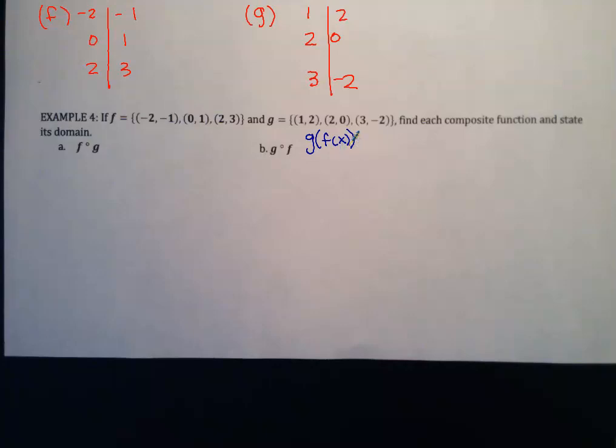Okay, so we're going to do g of f of what value? What's my first x for the f? Okay, so my f, here we go, is -2. Maybe if I drew the arrow it would help. So I want to find the g of f of -2.